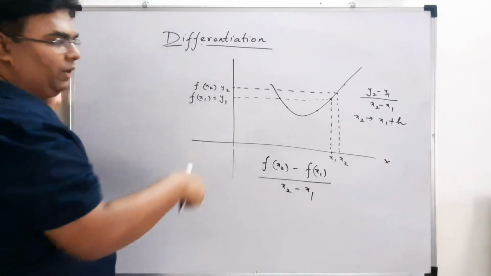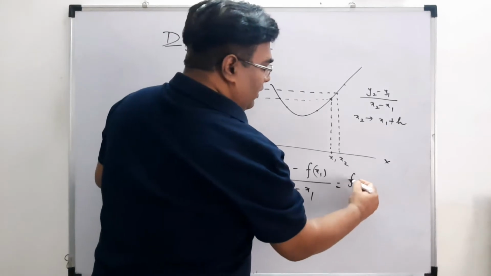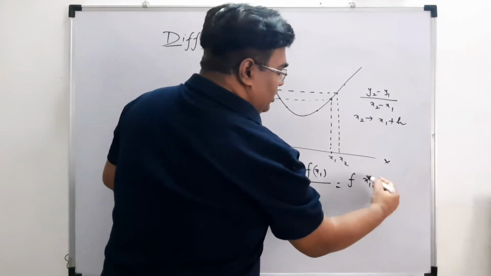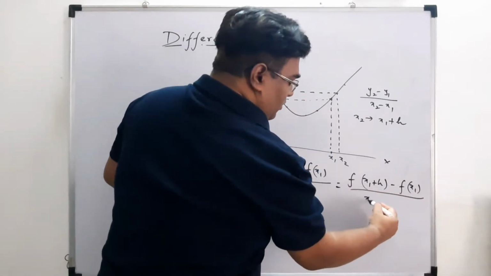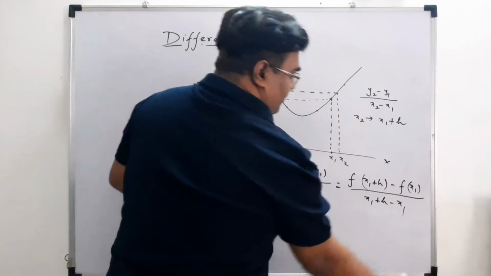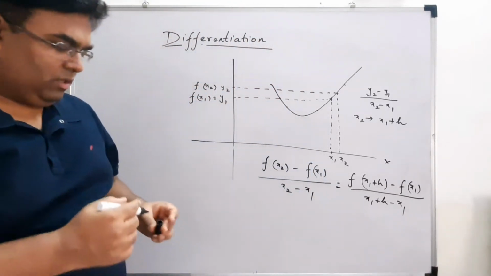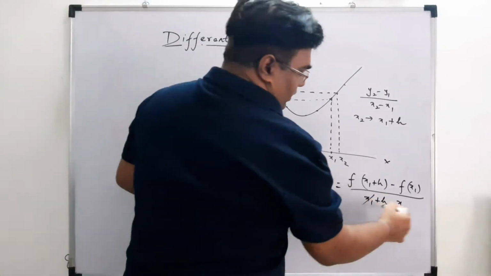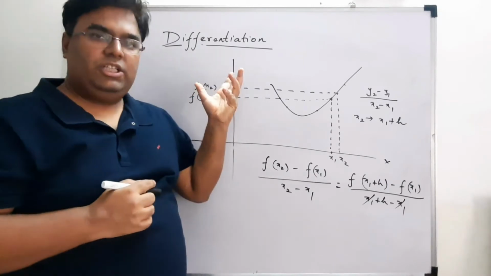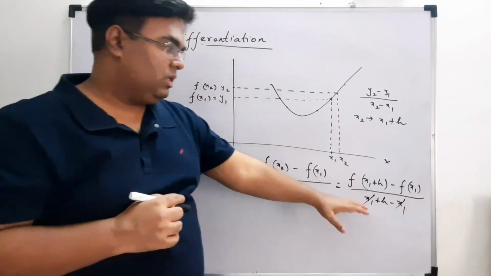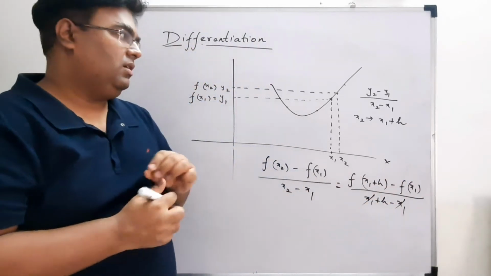I have written y2 and y1 in the form of f of x2 and f of x1. So it will be f of x1 plus h minus f of x1 upon x1 plus h minus x1, and this h is very small. You can cancel x1 here, only h will be left. So for differentiation, this is my formula: f of x1 plus h minus f of x1 upon h.